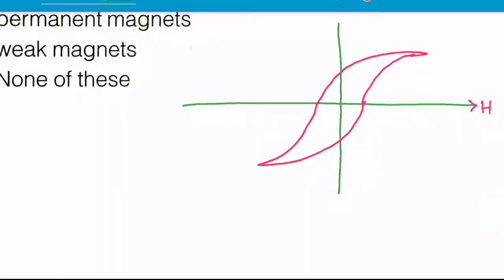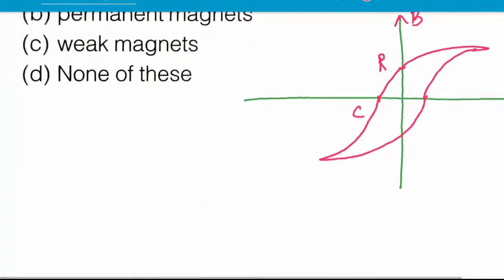This axis is H, and this axis is B. And suppose this point is A and this point is C. So I am writing this C point as R. And retentivity is the material's ability to retain a certain amount of residual magnetic field when magnetizing force is removed after achieving saturation.